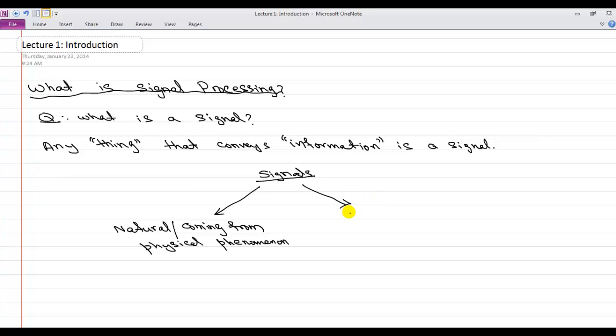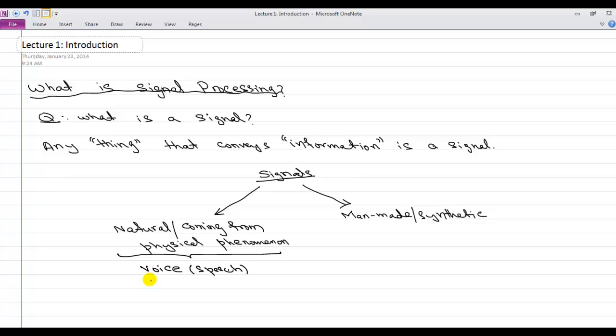And the opposite side of it is that the signal can be man-made or synthetic. So let's look at examples of the two. What could be some examples of natural physical phenomena? If we talk about natural, then we have voice or speech.